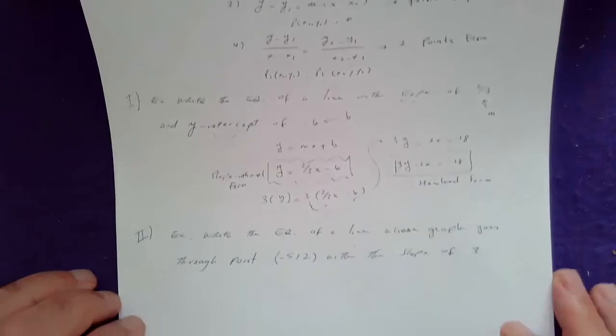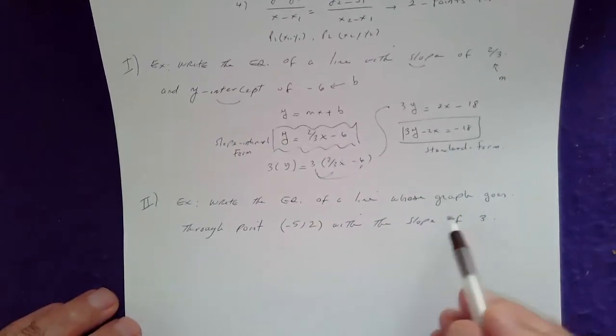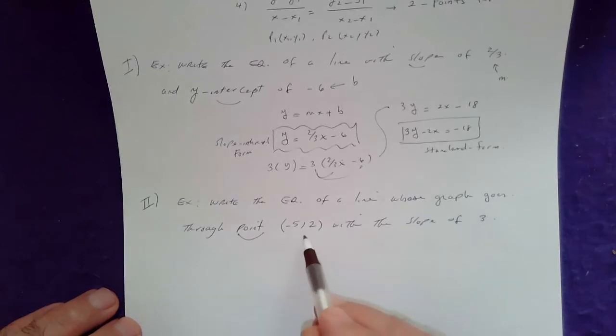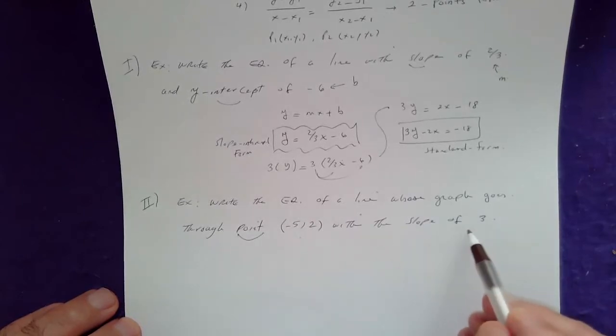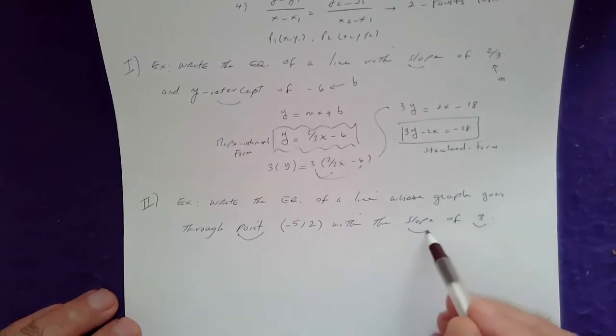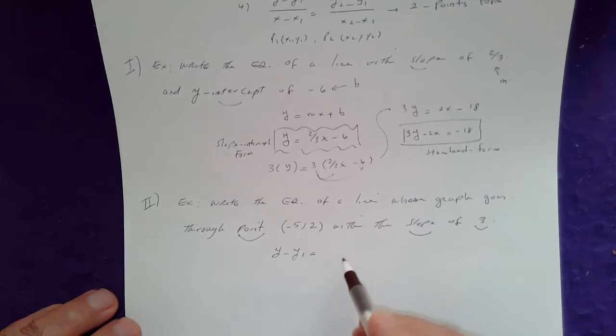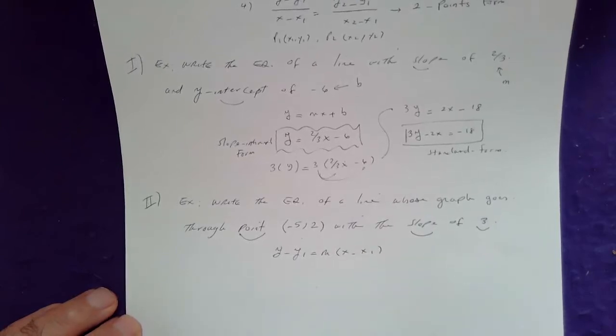The next one is, write the equation of a line which goes through the point -5, 2 with the slope of 3. Just by the type of information I'm given in this problem, I have to use point-slope form, which goes something like this: y minus y1 equals m times x minus x1.